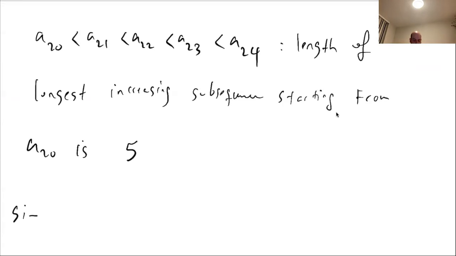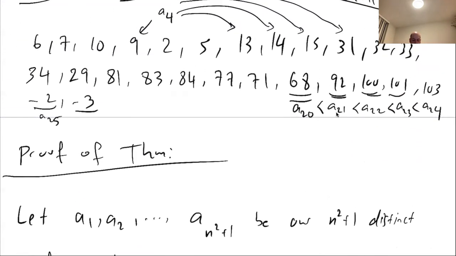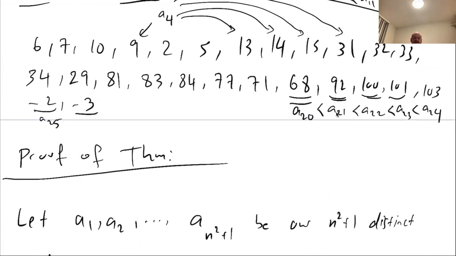And similarly, what about the longest decreasing? If I want to have a decreasing subsequence starting from A20, which is 68, then my first element is 68 and the next element must be less than 68. But 92 is not less, 100 is not less, 101 is not less, 103 is not less, -2 is less.